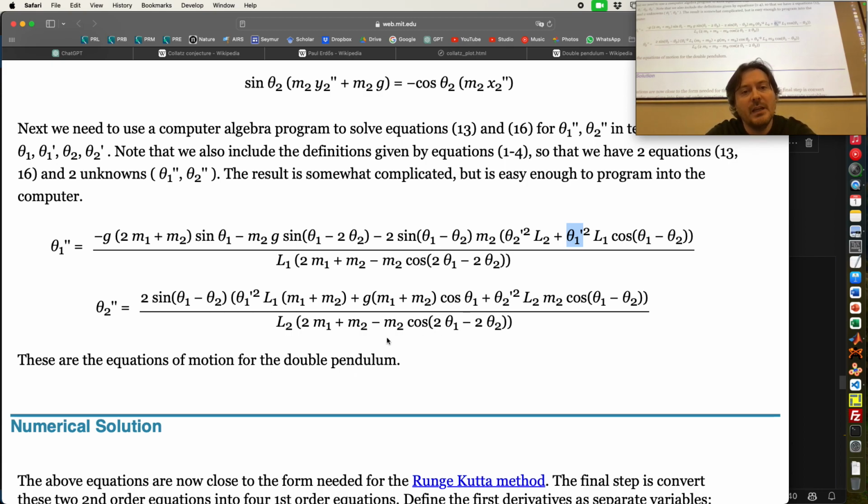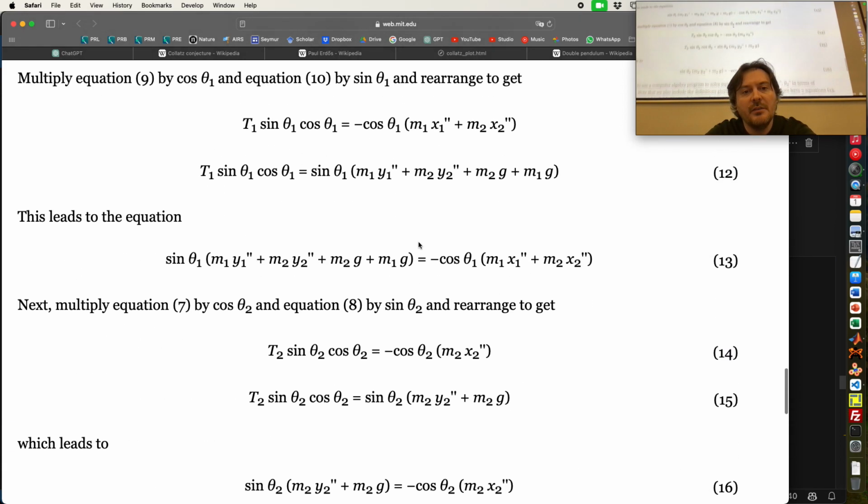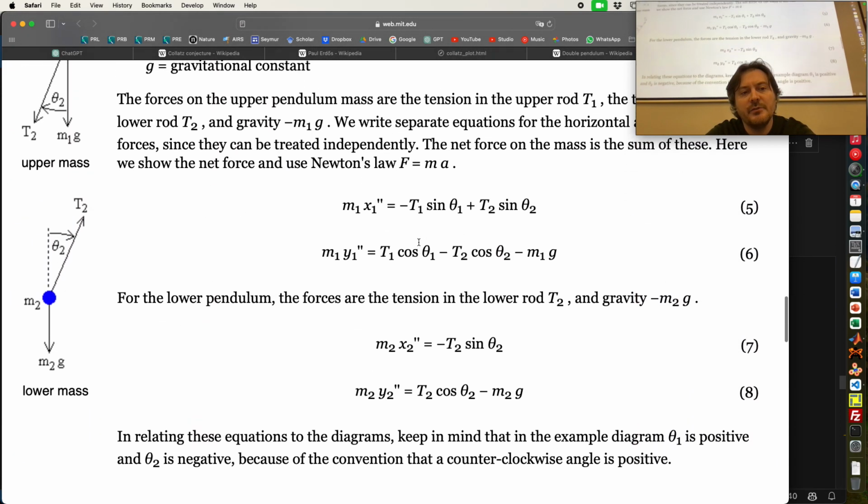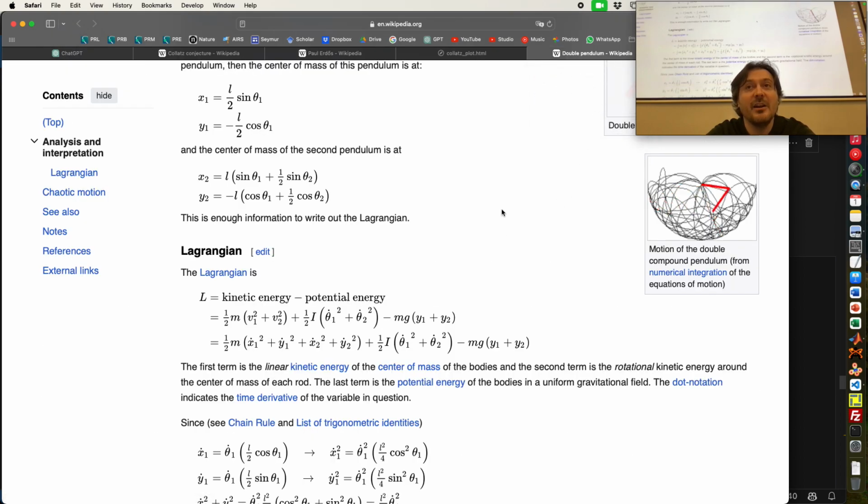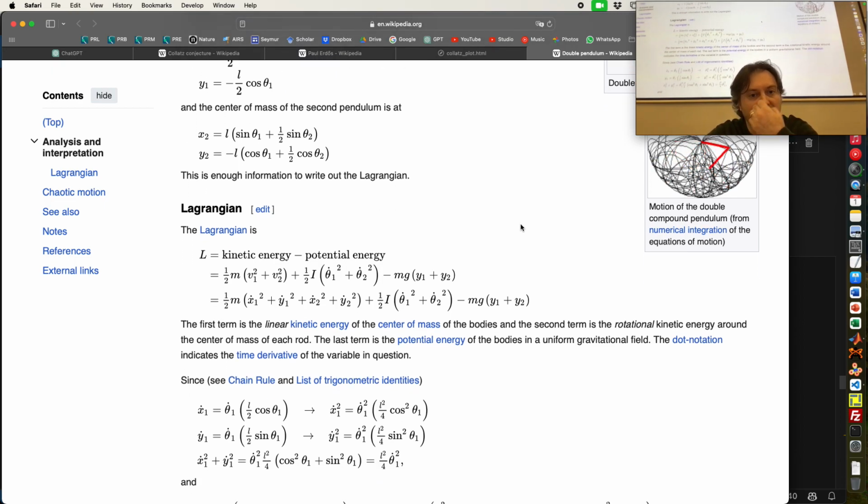You can arrive at this equation either by doing very careful analysis of forces or very careless analysis of the Lagrangian, right? Have you done Lagrangian stuff? Mechanical engineers have done, and for others you shouldn't care. Anyways, you should care because it's beautiful.